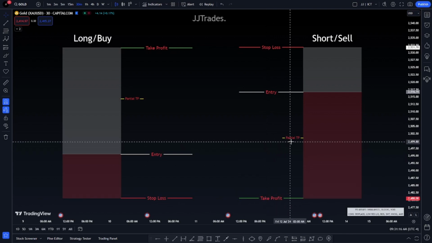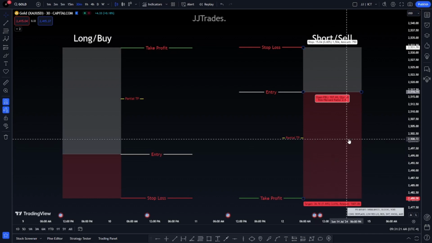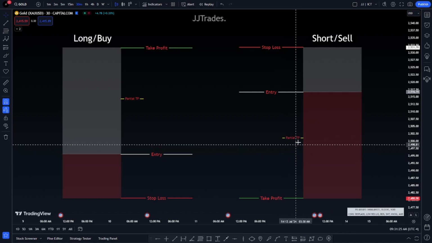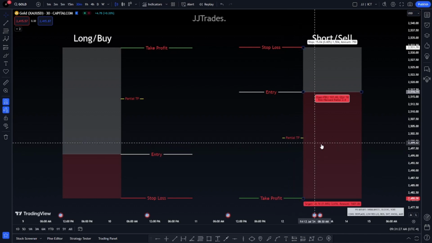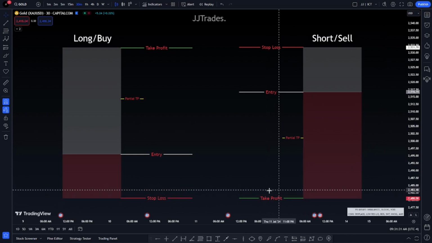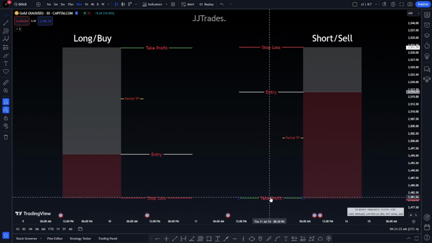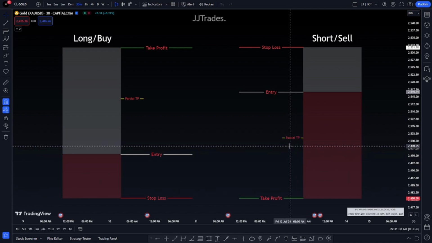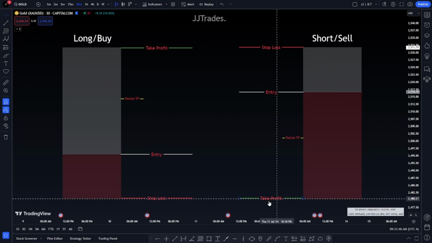So, for example, let's say you have your whole position, you have 100% of your position in, right? And your partial TP is going to close half of your position once it reaches half of your take profit. So let's say your take profit is $200. Your full closure is $200, and the partial TP is 50% of your entire position or your entire take profit.